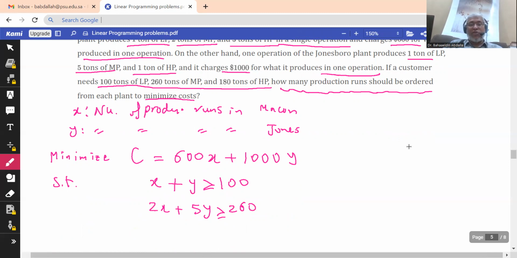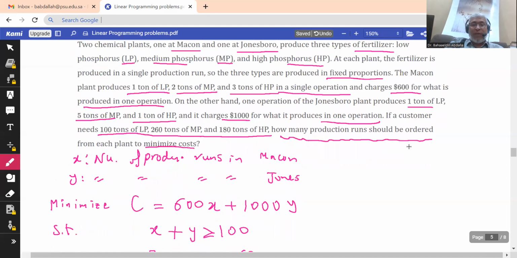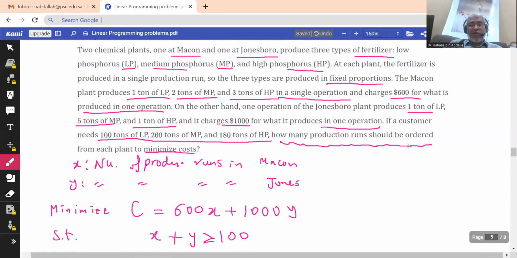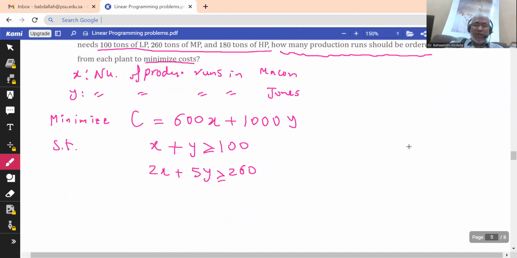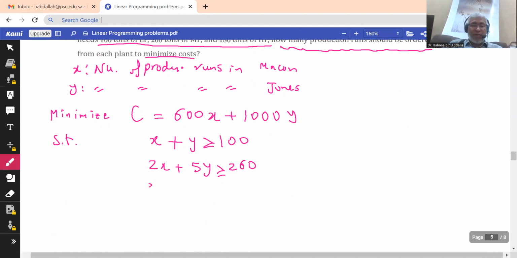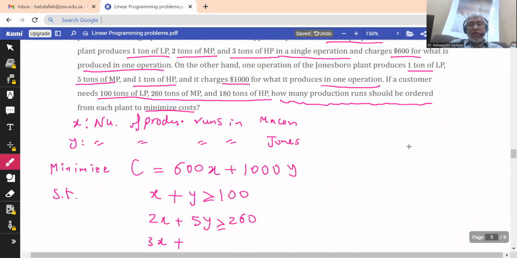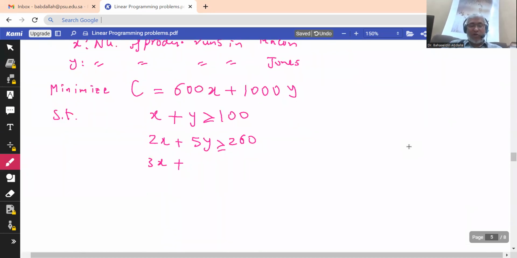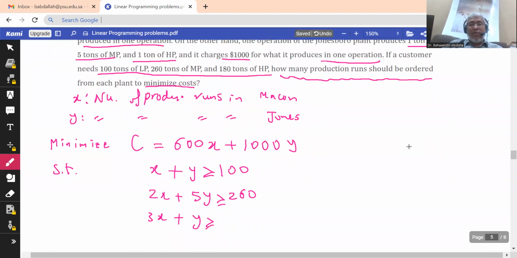I need 260 tons at least of MP, and 180 tons of HP. 3 tons from Macon for HP, so 3 times X, and 1 ton in Jonesboro, so 1 times Y, should be greater than or equal to the HP I need, 180 tons.